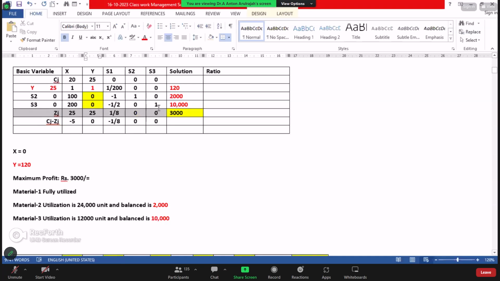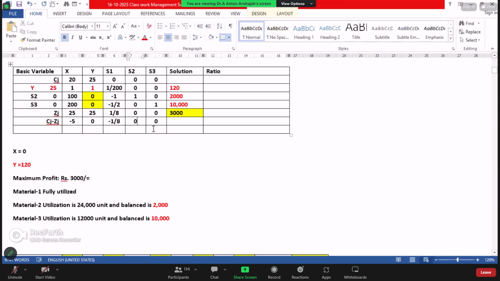After getting the Zj value, we can easily find the Cj minus Zj values. 20 minus 25, that is minus 5. 25 minus 25, that is 0. 0, 0, minus 1 by 8, that is minus 1 by 8. 0, 0, 0, 0, 0.